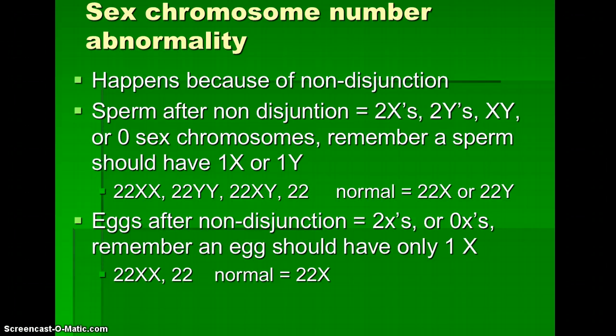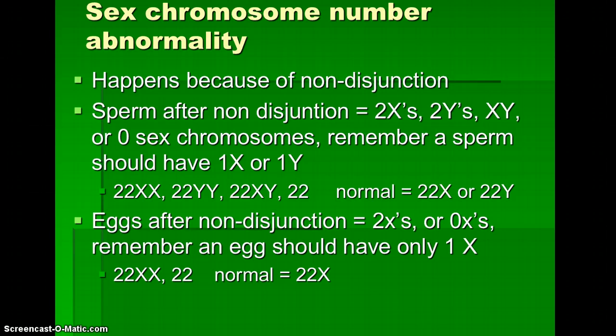Remember, a sperm should just have 1 X or 1 Y. Sperm get half of the normal. So in a sperm, you're 22XX, 22YY, 22XY, or just 22. A normal sperm is 22X or 22Y.